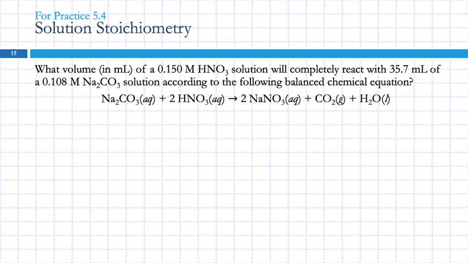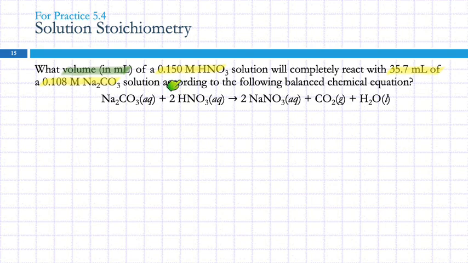Okay, let's highlight what they told us. We've got a molarity here. We've got a volume and another molarity. And our question, what volume in milliliters? There's our balanced chemical equation. I'm going to take these numbers just like I did with masses and write them underneath the equation so I can see what I've got.